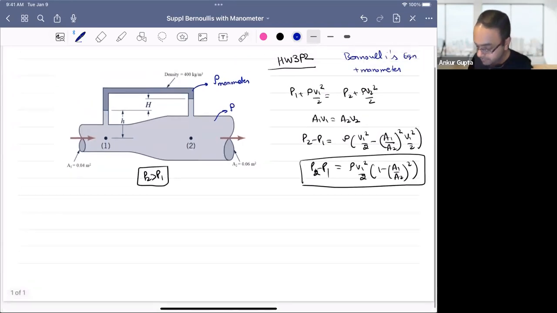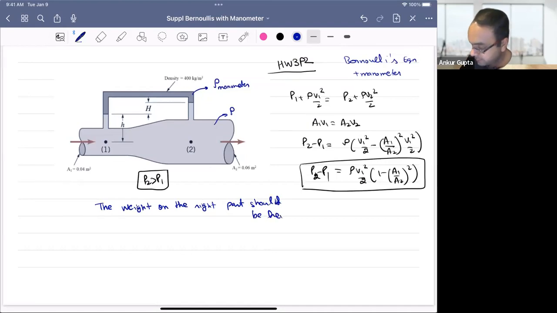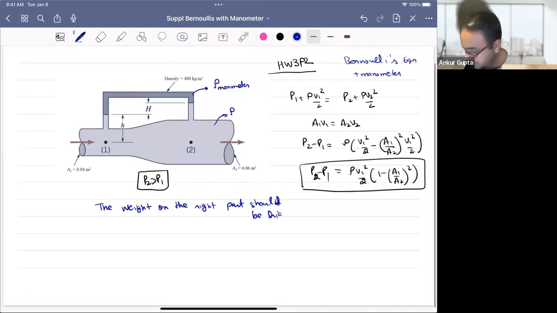So the weight on the right part should be higher. So the other way to think about this manometer part is that the weight should be higher because pressure is higher on the right hand side.